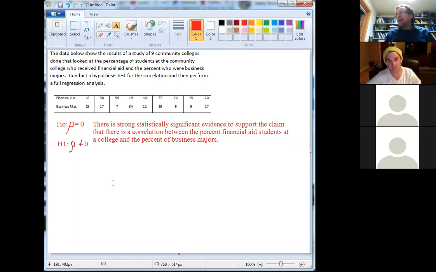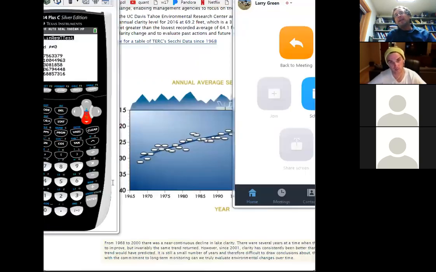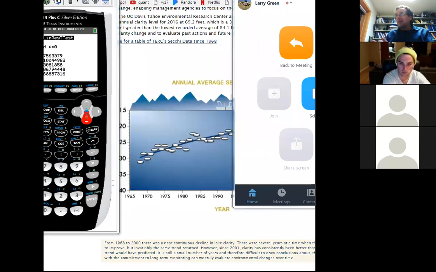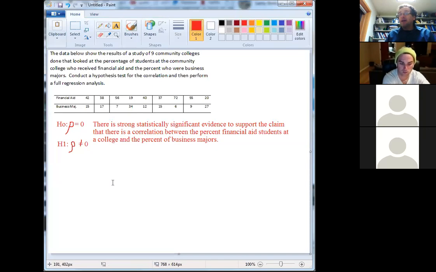It does not say that this will cause that. Be careful about using any words that are causative. So you can't say, if you do this, then this will happen. You can't say, we're losing business majors because we have more financial aid. That's not okay with regression analysis. It might be true, it might not be true, so you can't say it.